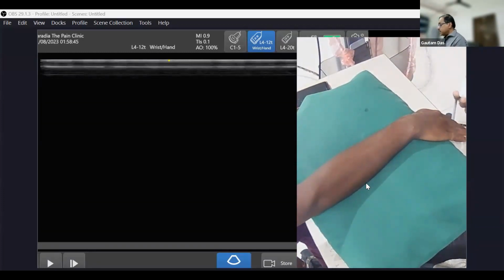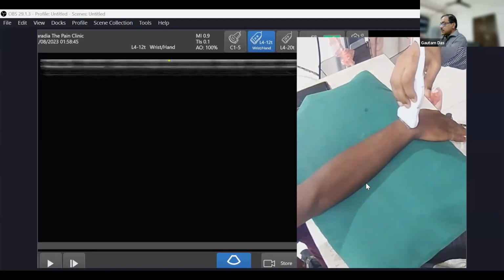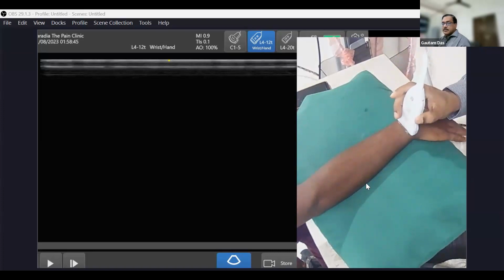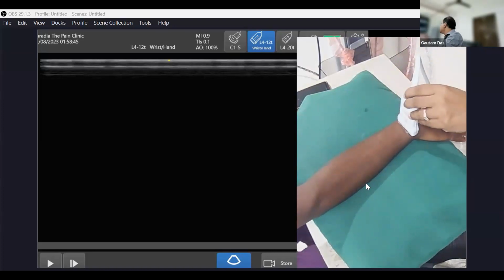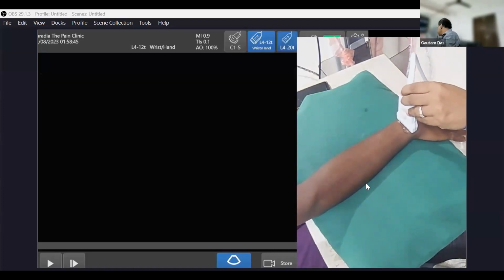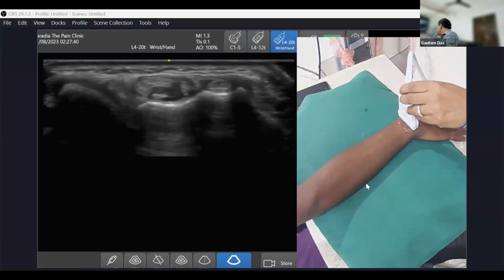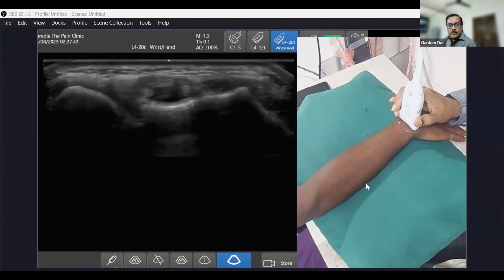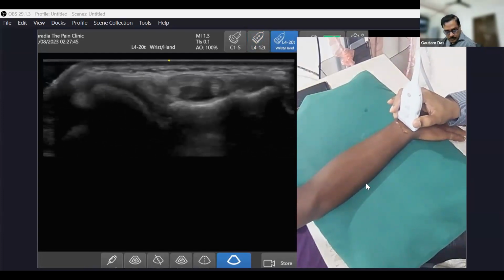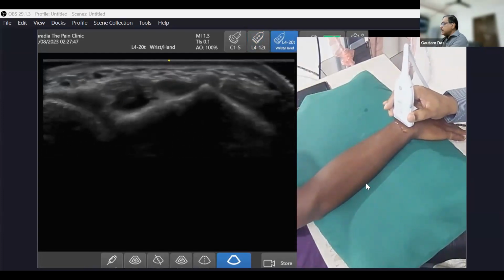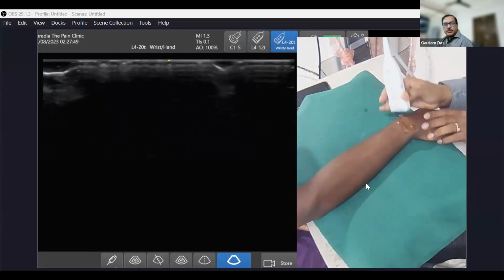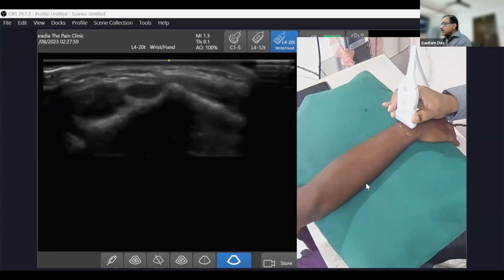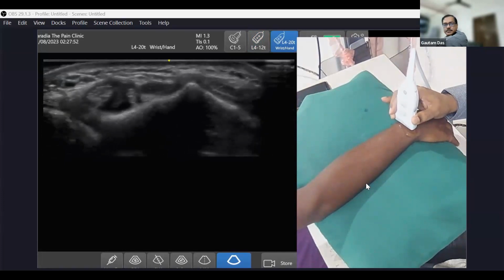My aspect marker is towards the ulnar side. I was first palpating over the Lister's tubercle. So this bony projection here is your Lister's tubercle.